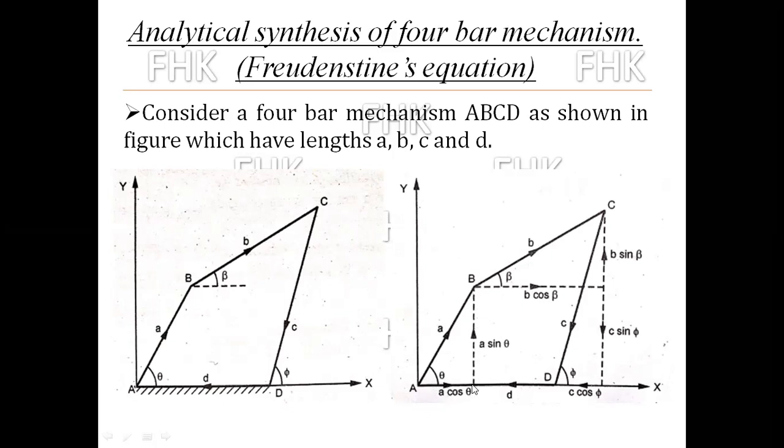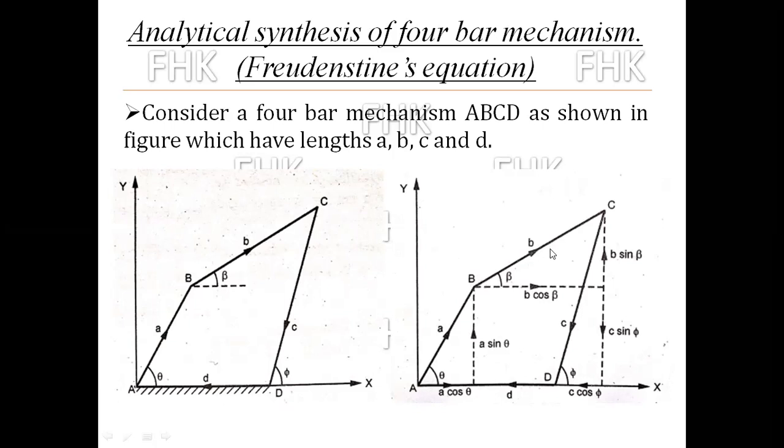So the vertical component will become a sin theta and the horizontal component will become a cos theta. The resultant is moving from A to B, so the vertical component moves from bottom to top and the horizontal component moves from A towards the right. So the resultant will move up to B.